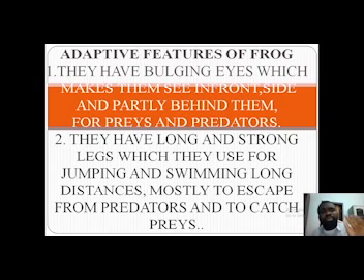Now, number two, they have long and strong legs, which they use for jumping and swimming long distances, mostly to escape from predators and to catch prey. You escape from predators because predators are coming to suppress you and to intimidate you.